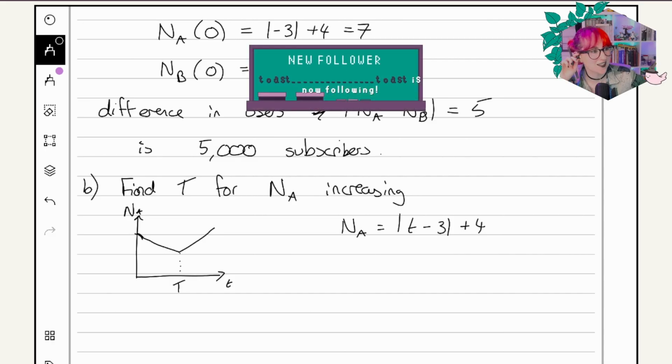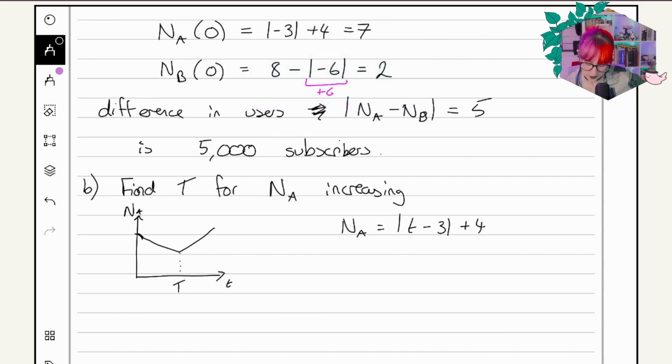Thank you for the follow, welcome in. So the point where it changes: as t increases, t is 0 and it starts at 7. As t gets bigger, that −3 is going to dominate, so it's going to get smaller and smaller.